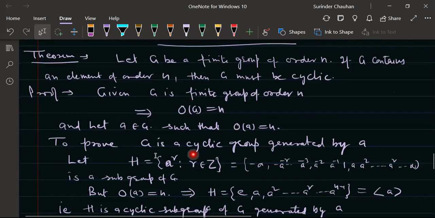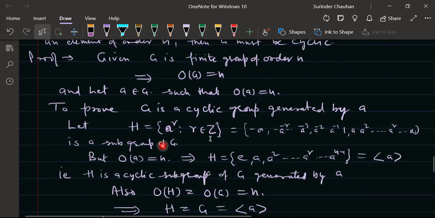Now what to prove? Our aim is to prove that G is a cyclic group generated by a. So let us consider a set H consisting of all integral powers of a, that is, a to the power r where r is an integer. This is a subgroup of G, and the order of a is n.